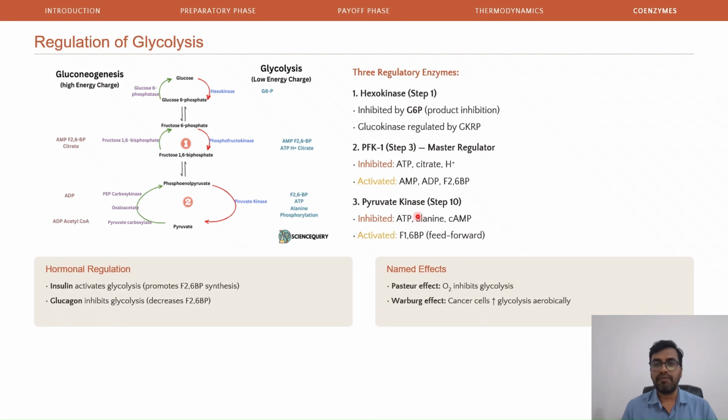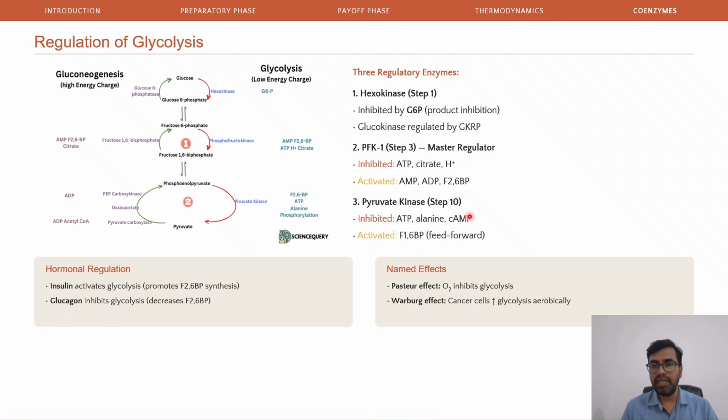Now if the glycolysis is inhibited, that glucose 6-phosphate or glucose can move on to the formation of glycogen, or the storage. Glucose can be stored in the form of glycogen. That is why if there is an excess amount of alanine, it can inhibit pyruvate kinase. Now ATP, obviously for the same reason as in the earlier step, the excess of ATP can inhibit pyruvate kinase here.